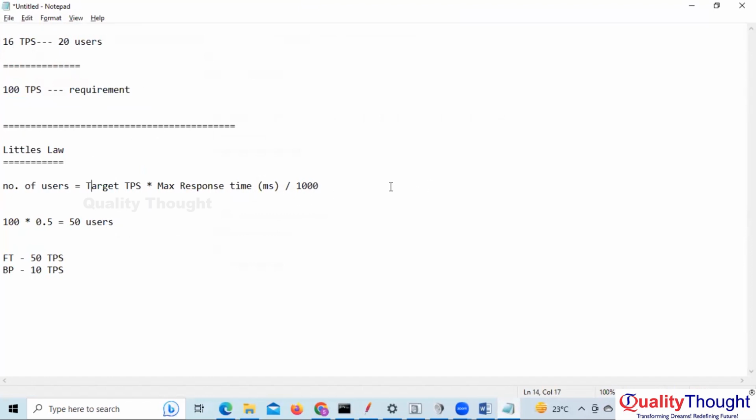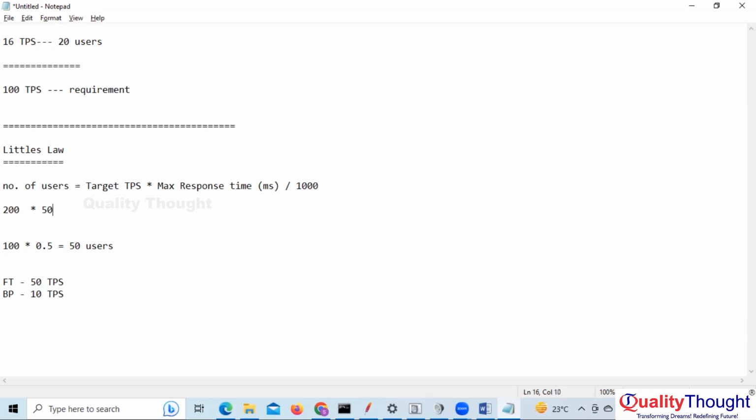So what is our target here in this case? 200, into what is our max response time? 500 milliseconds, right? And here you have to give think time also, because we used think time, right? How much think time have we used for search? 1000, right?